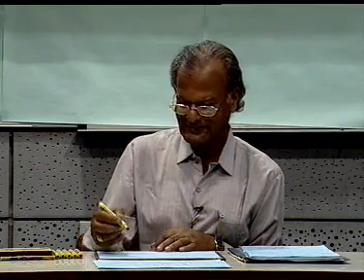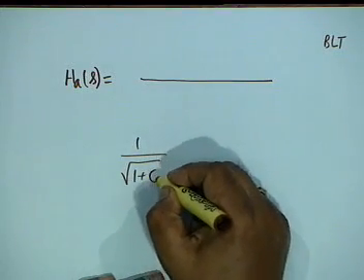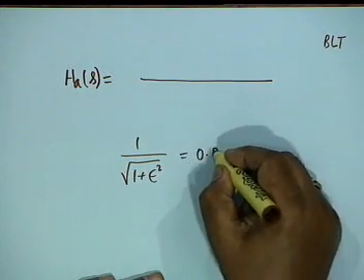And therefore, you must find out what is 1 by square root of 1 plus epsilon squared. Isn't it given? That is the specification. In fact that is how you should calculate epsilon. This is given as 0.8.